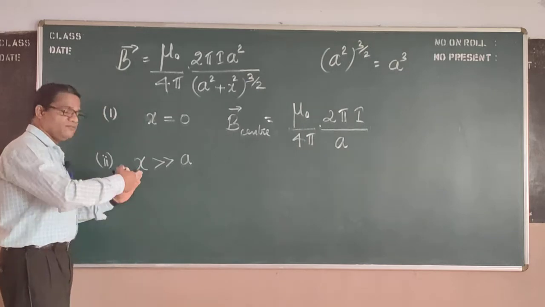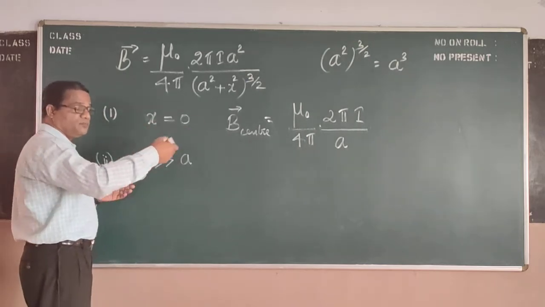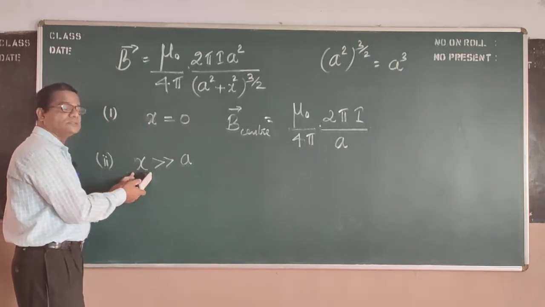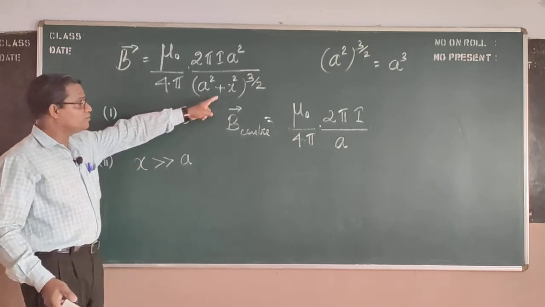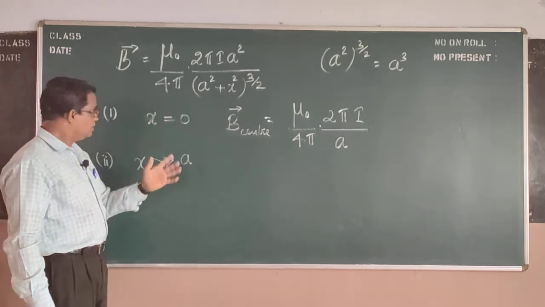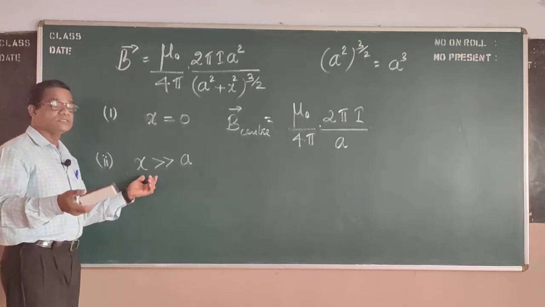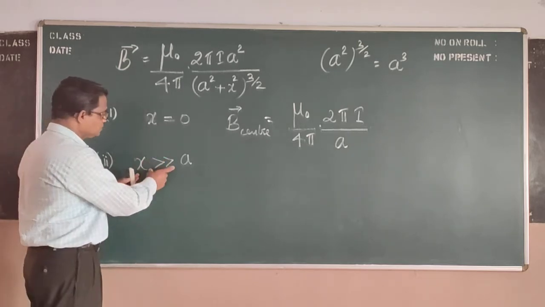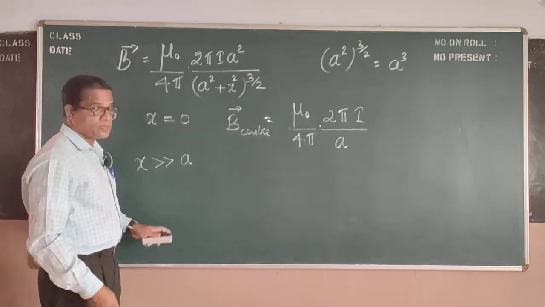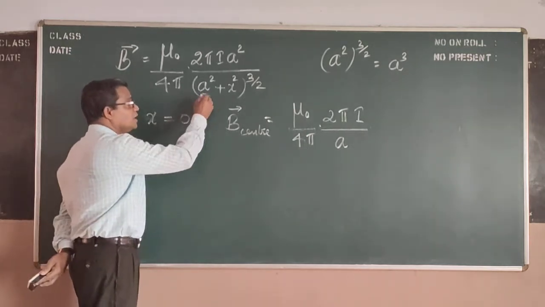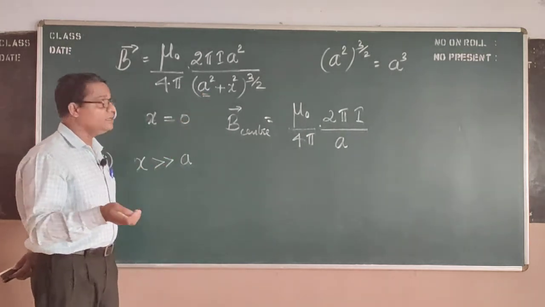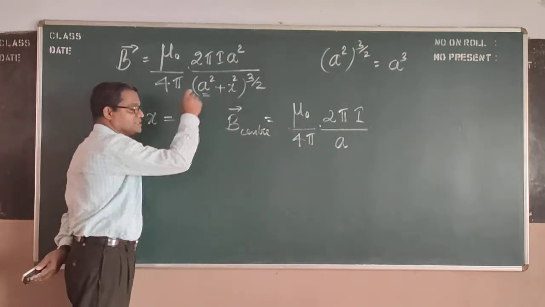Means x being very far away, that is, far away point means x is very large. So x is coming along with this a here. Therefore, we can compare x with a so that x is very large compared to a. So when I put this condition into this, effectively a square becomes negligible compared to x square.